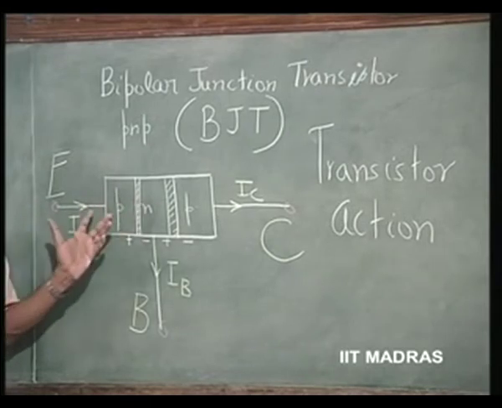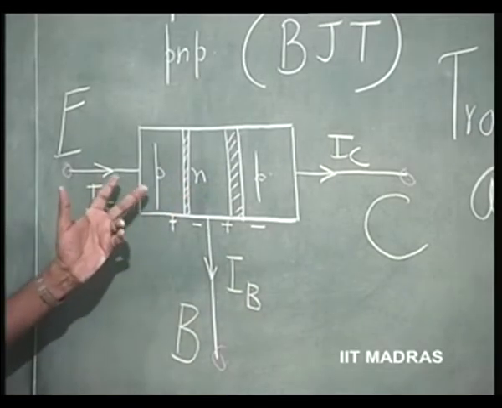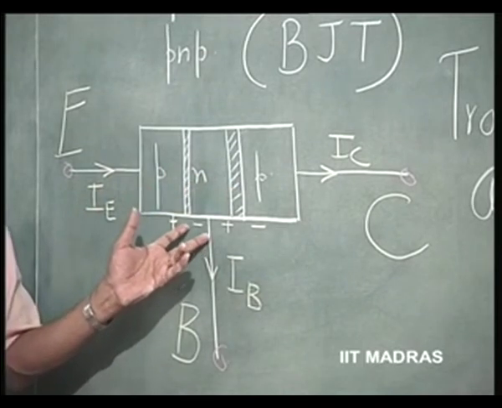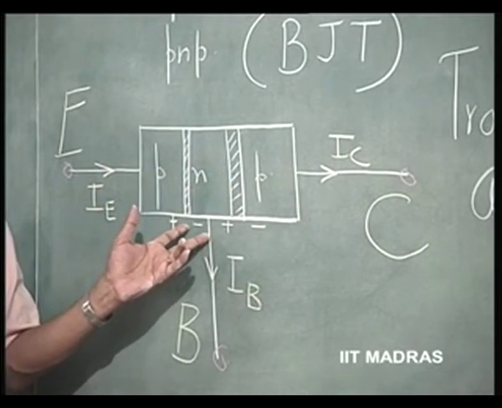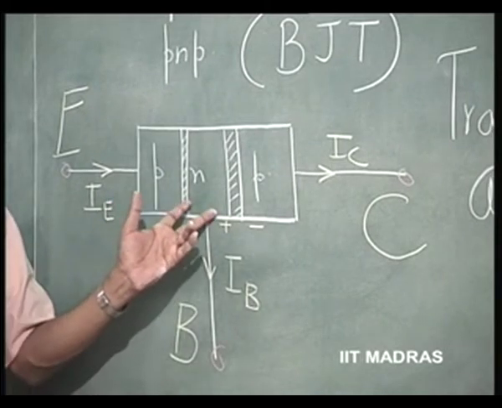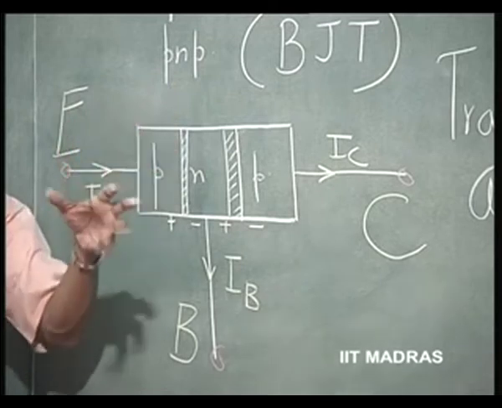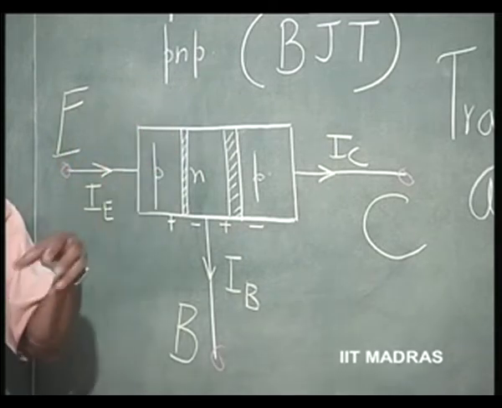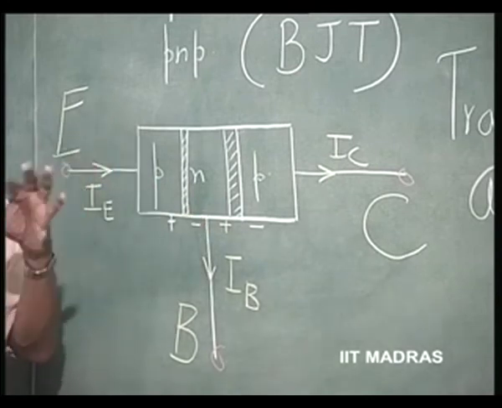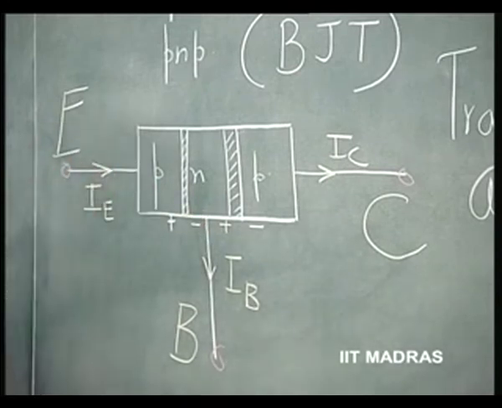A PNP transistor built like this comprises two junctions. Compare it with what we discussed already in a diode. It comprised one junction, one PN junction, and we have understood its characteristic. It is exponentially related, that is, current and voltage are exponentially related.